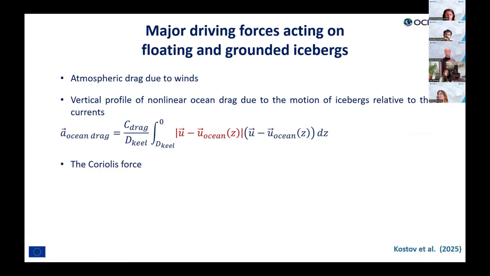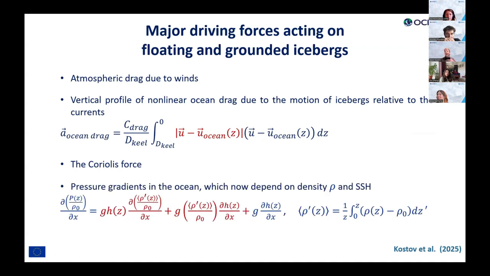Another important force acting both on kinetically grounded icebergs, icebergs that move while they're embedded in sediment, and icebergs in free flotation, is the Coriolis force, which deflects their motion to the left in the southern hemisphere, and also the pressure gradients within the ocean water column.